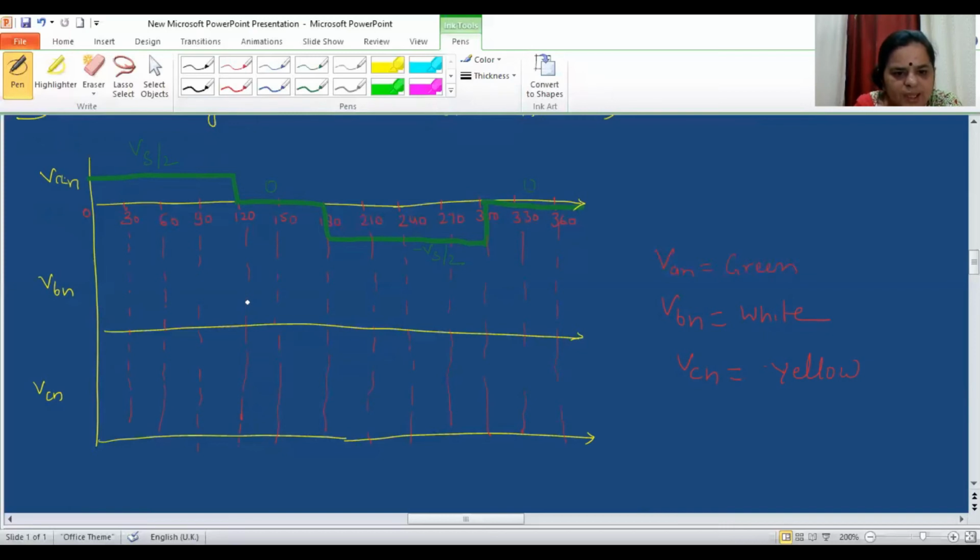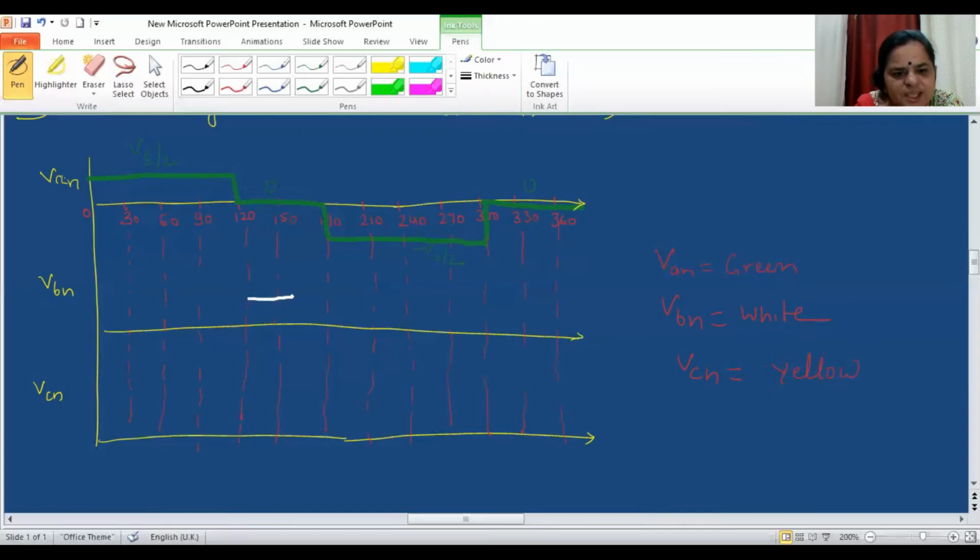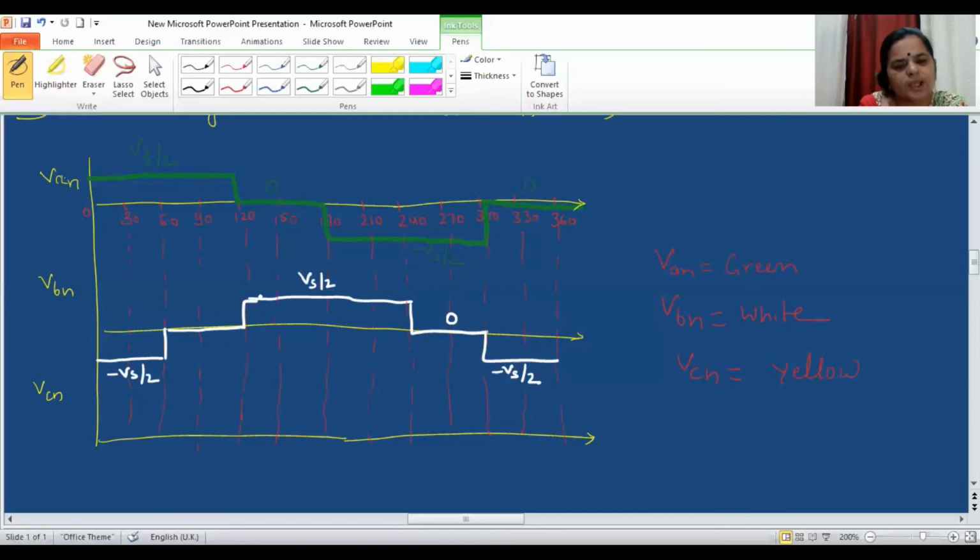If you see the conduction table, from 120 to 240 we are getting Vs by 2, and 240 to 300 we are getting 0, and then minus Vs by 2, and here also minus Vs by 2 up to 60, and then from 60 to 120 it will be 0. So this is the waveform for VBN.